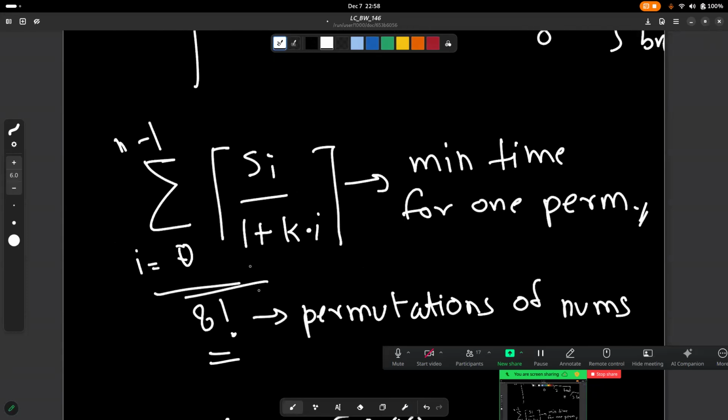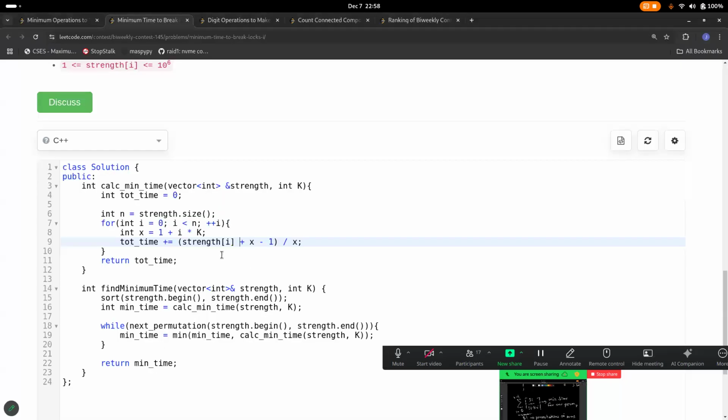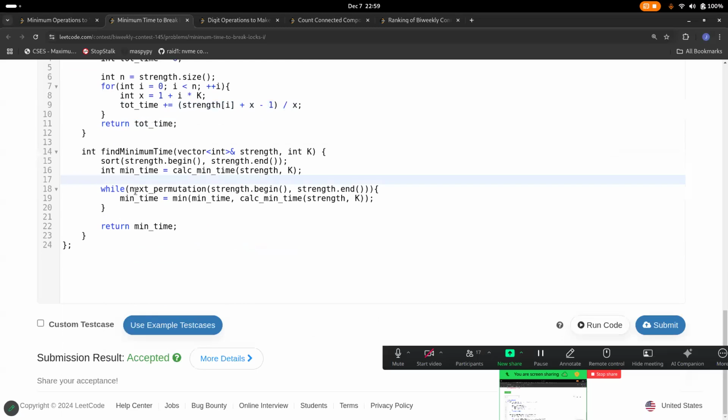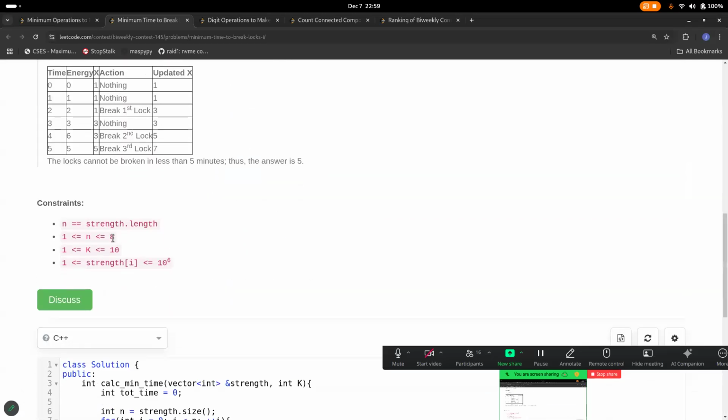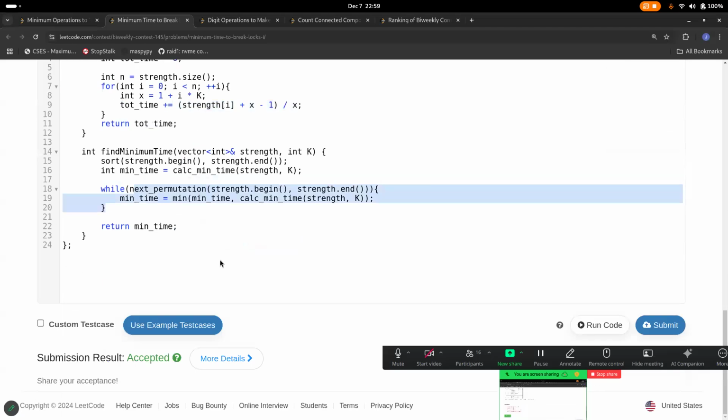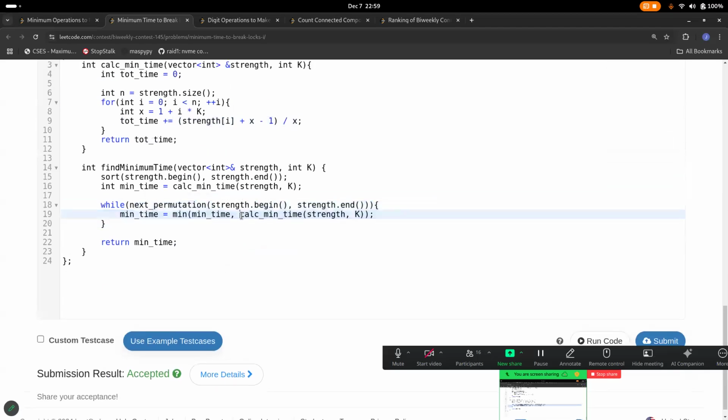This value in code is the representation of that summation, this for loop, and this is the minimum amount of time that I'm going to take for this permutation of strength, and I return this time. And we are just iterating over all the possible permutations of strength of I. Now the length of strength of I is at most 8. 8 factorial is around 5000.